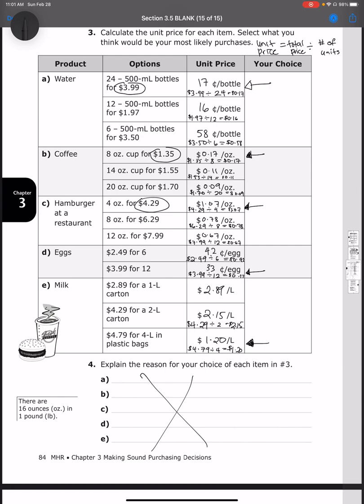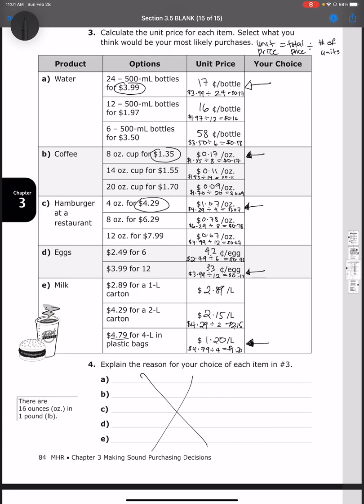So again, it depends on the item that you're buying and what you need it for. Milk is always something that I need a large quantity of. So I would rather buy the one with a larger quantity, spend a little bit more money, but know very well that I'm getting it for less per liter compared to the other two products. So in this case, it makes more sense to buy the one with the cheapest unit price but the highest overall price.